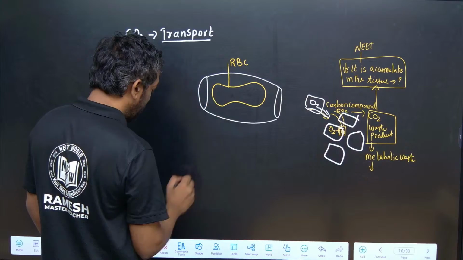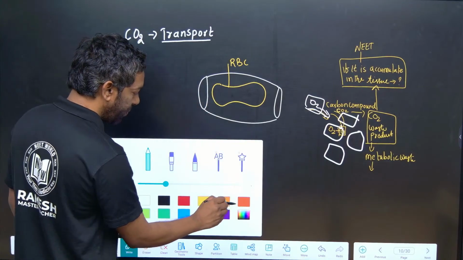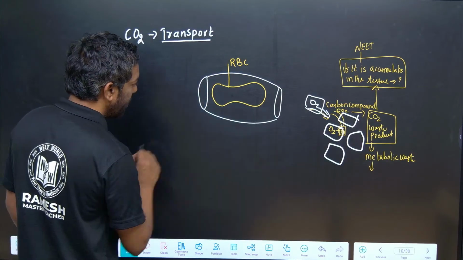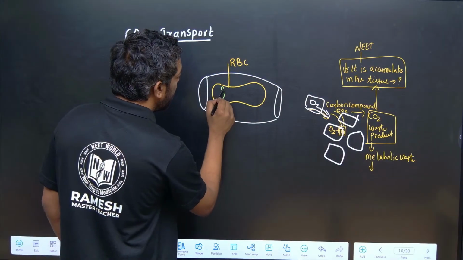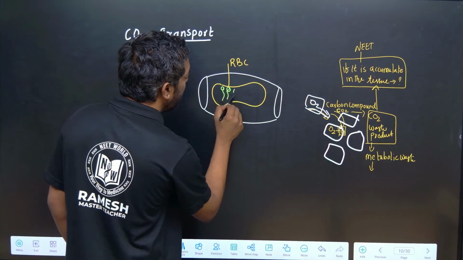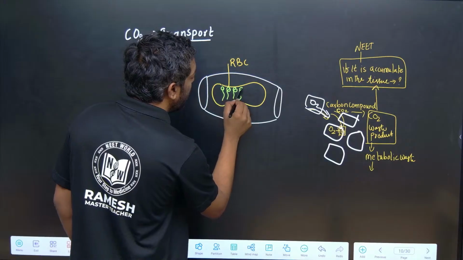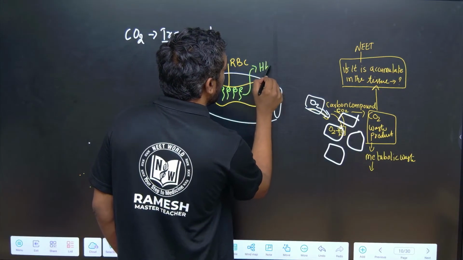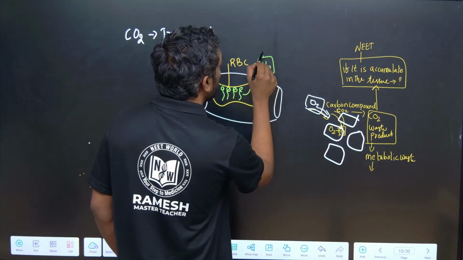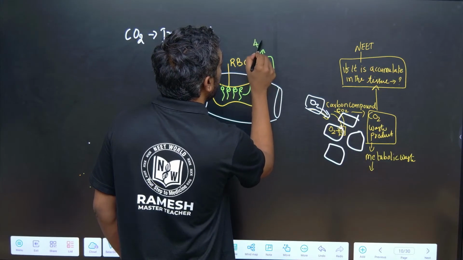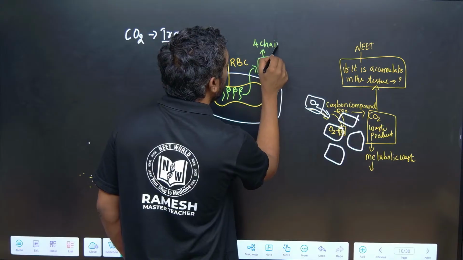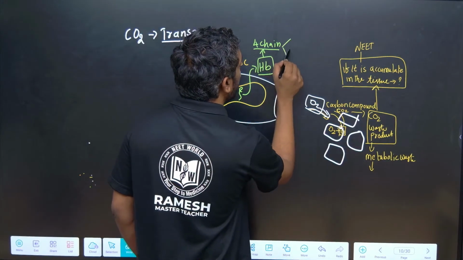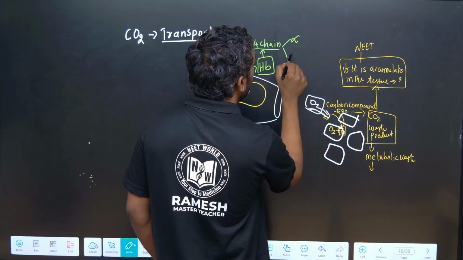What is this pigment called? This is the pigment called hemoglobin. Hemoglobin is a 4-chain molecule, 2 alpha chains and 2 beta chains.